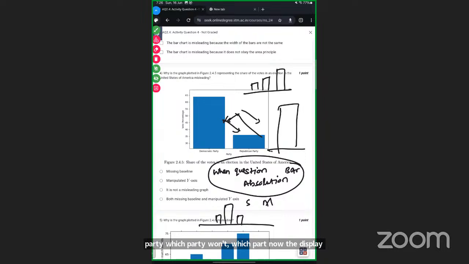The question is which of the following graphs will be appropriate, and it is given as bar chart, Pareto chart, and both. Then it's the Pareto chart, because they are saying represent the number of votes they got, right?